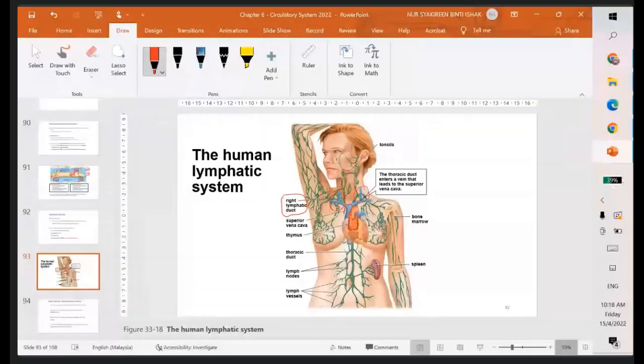So itu adalah cara-cara macam mana nak elakkan your tissue fluid from being swollen. Satu dia masuk balik dalam aliran darah at the venule end, satu lagi melalui lymphatic system. Yang itu kena fahamkan, right? So thank you. Tadi siapa?